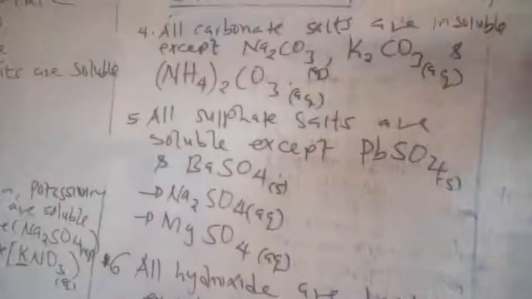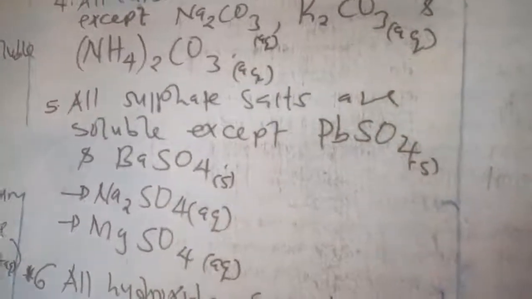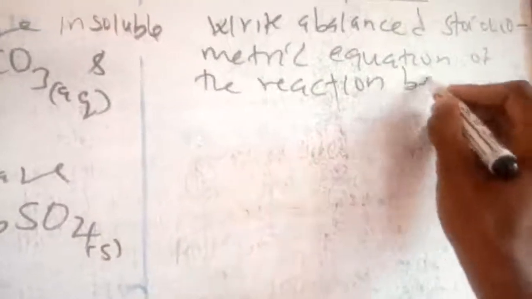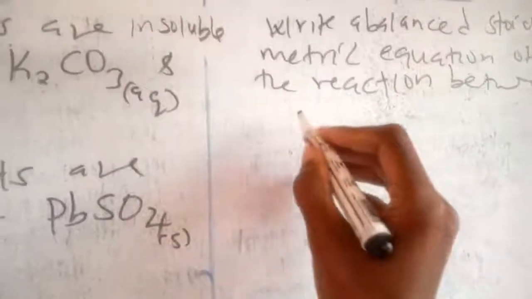You are told: write a balanced stoichiometric equation of the reaction between magnesium sulfate and lead 2 nitrate.